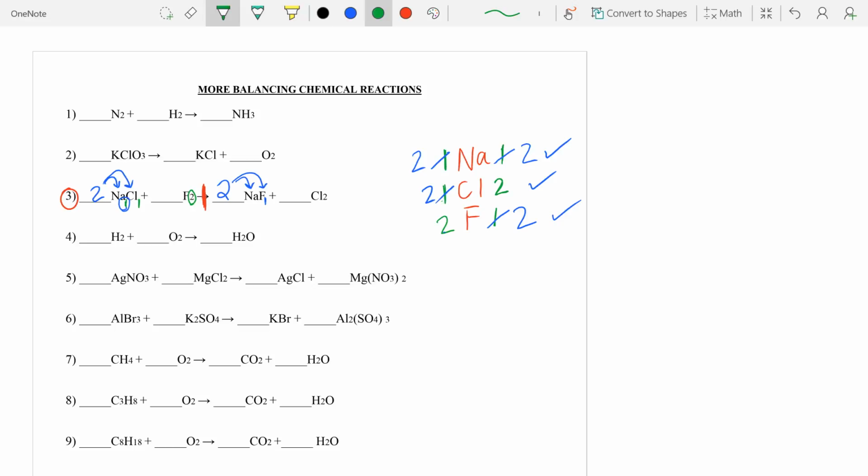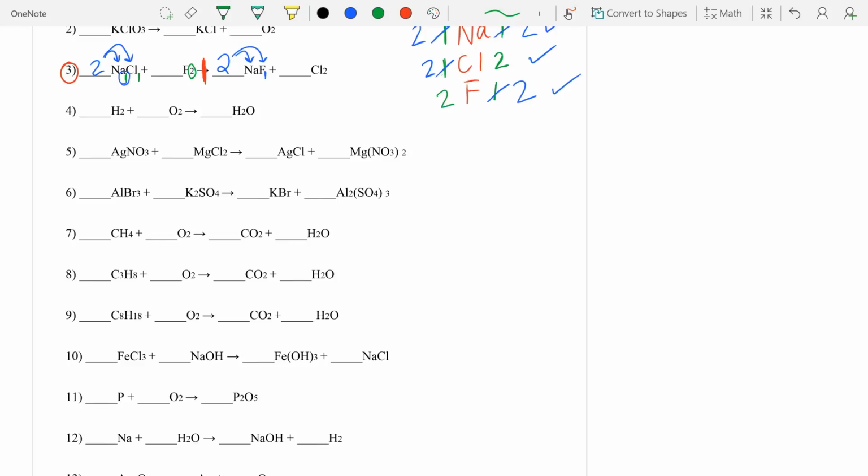If we look at further examples, for example, number 5. Number 5 is the first example we've seen with a polyatomic ion, which you can clearly tell because of these parentheses here. And we see that NO3 is together on both sides.